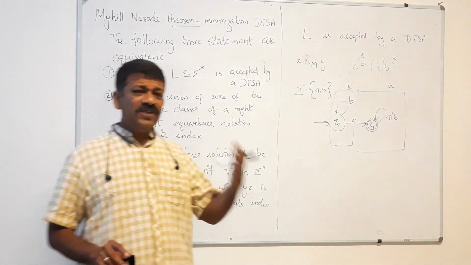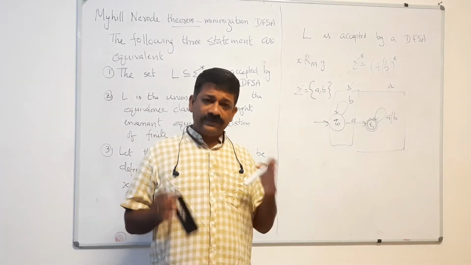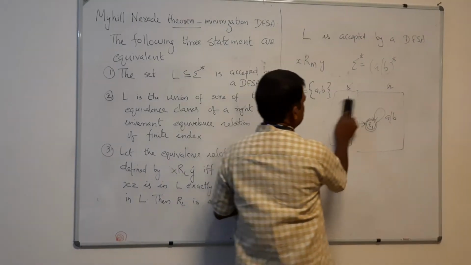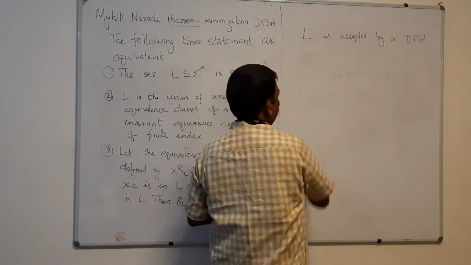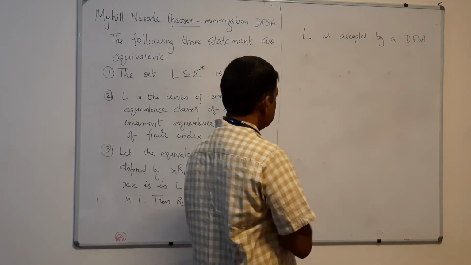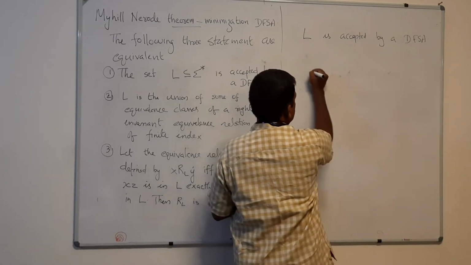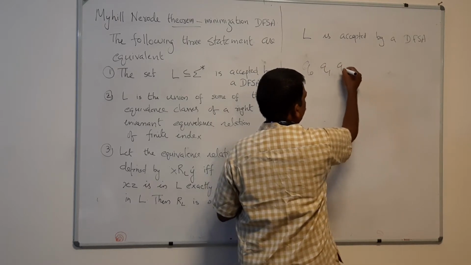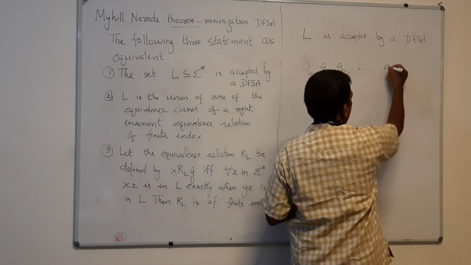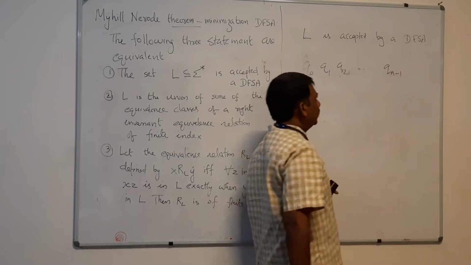For example, suppose you have n states represented by q0, q1, q2, up to qn minus 1.